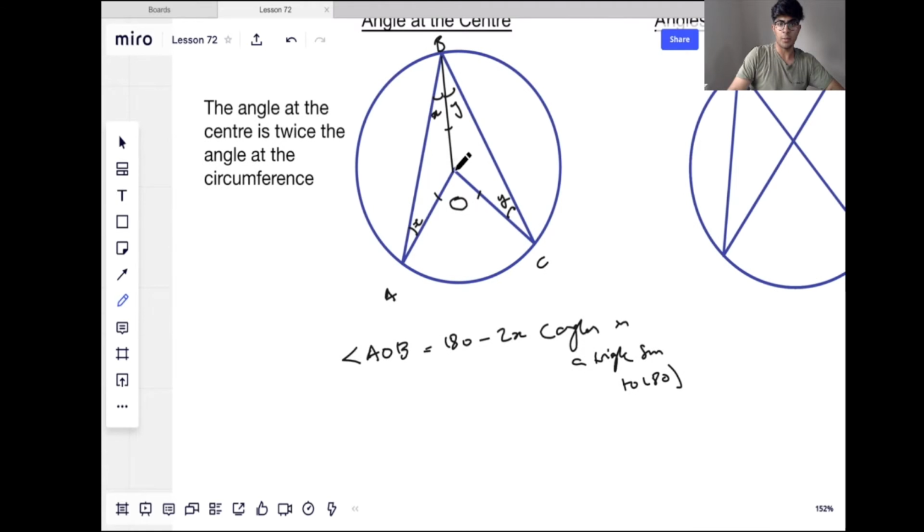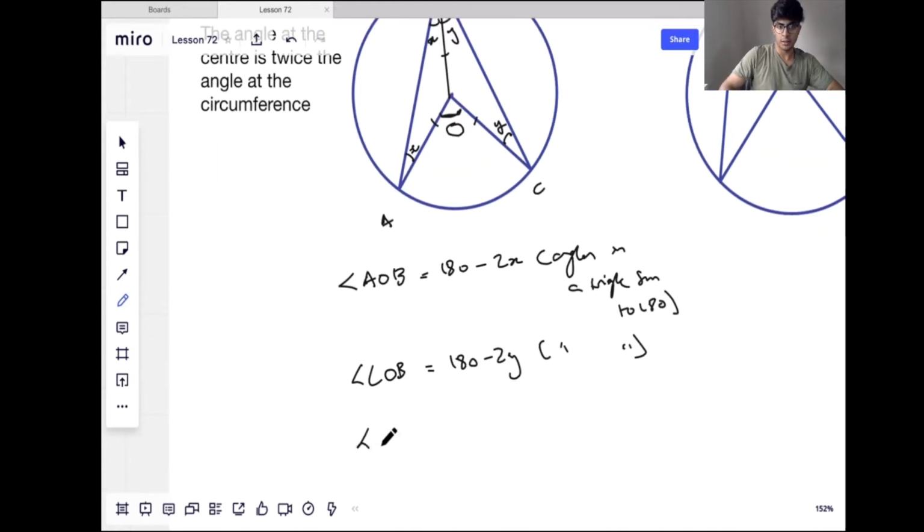And we can say the same thing about COB. Angle COB is equal to 180 minus 2y. I'll put this sign here to mean that we copy what's above. And if we think about what this reflex angle is, we can say that angle AOC is equal to 360 minus this angle and this angle.